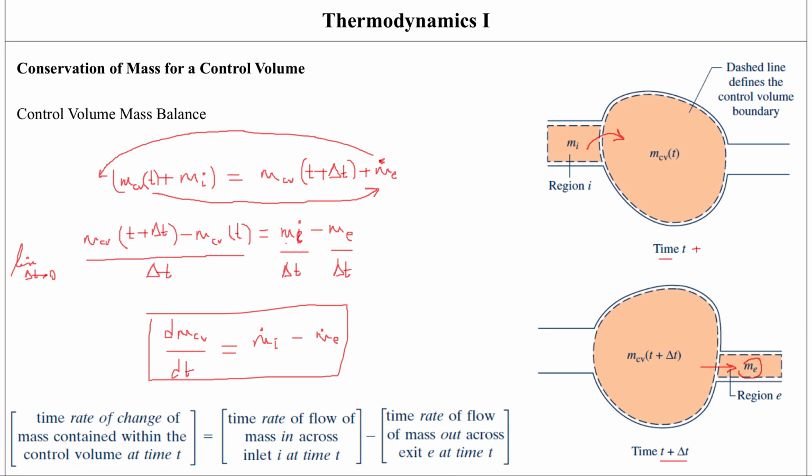Okay. So if this was an instantaneous process, then obviously time t plus delta t would be approaching time t. That's why it's written like this in the form of a statement.